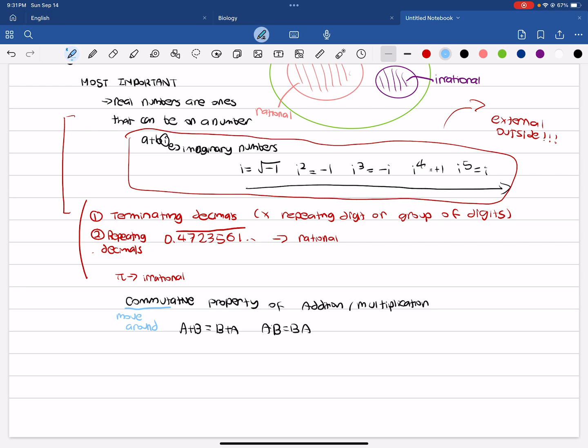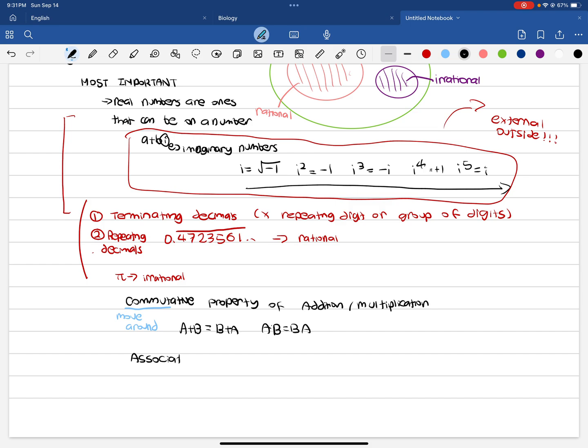It relates. Okay, guys. Let's move on to the next one, which is the associative property of addition. Let me just write that down, guys.